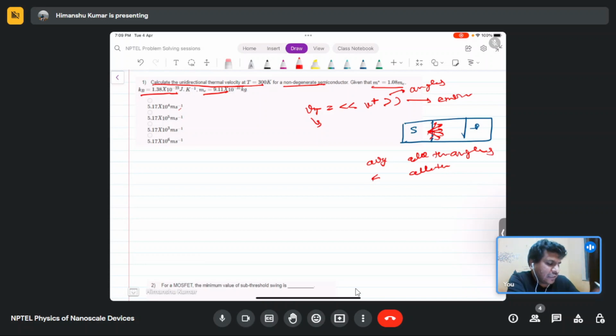Our transport equation is basically I equals q times the average thermal velocity, Vt.